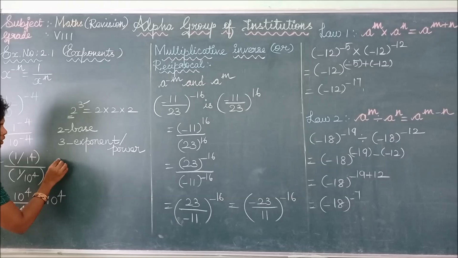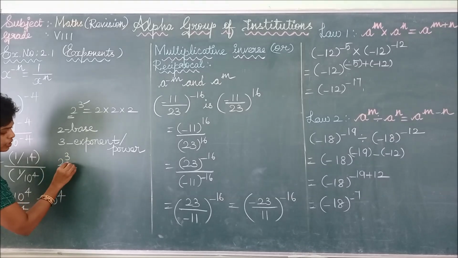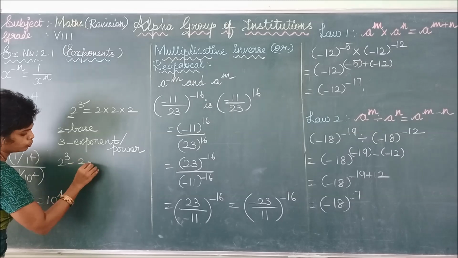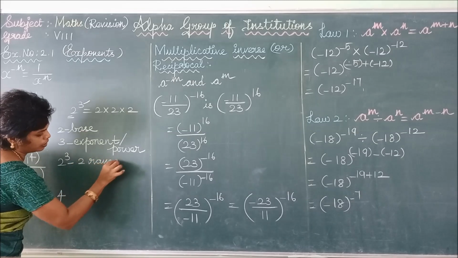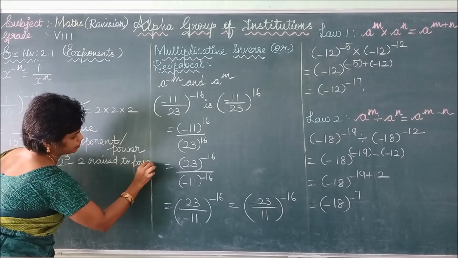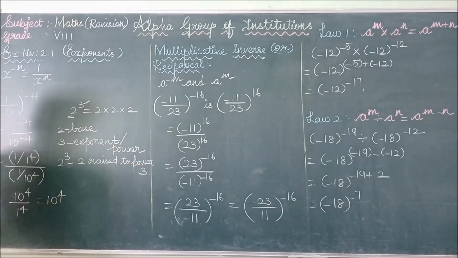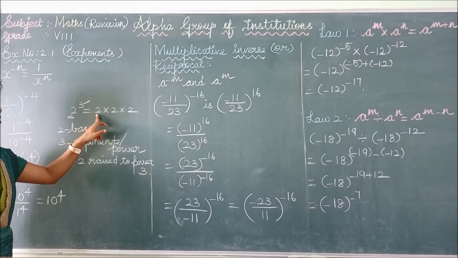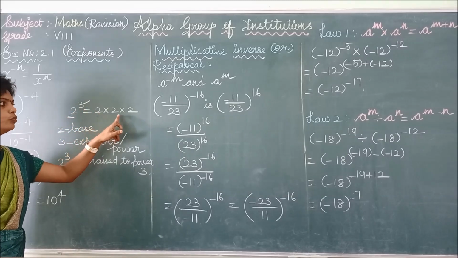So how we can read this 2 to the power 3? We read it as 2 raised to the power 3. That means 2 to the power 3 is the multiplication of 2 into 2 into 2.